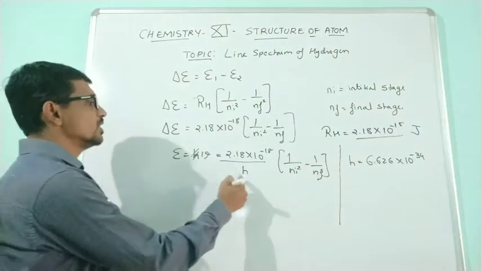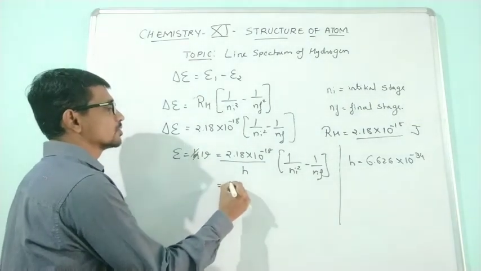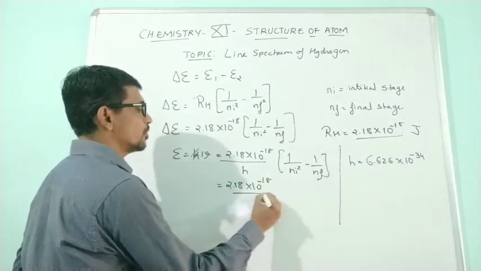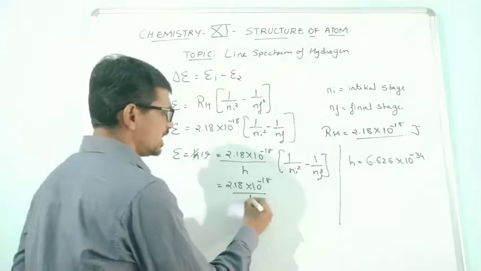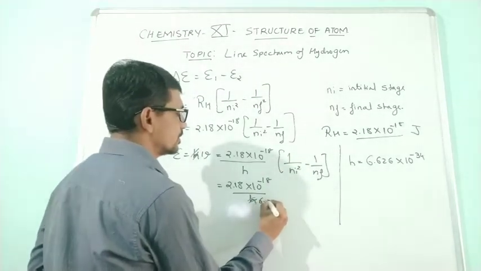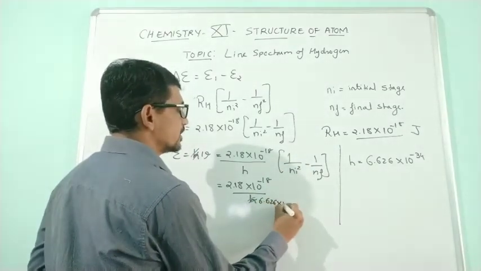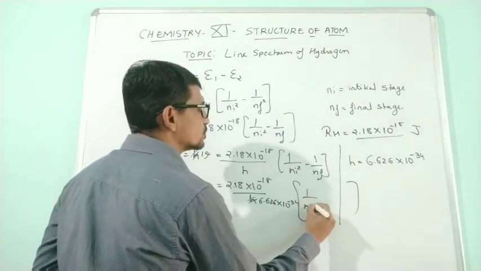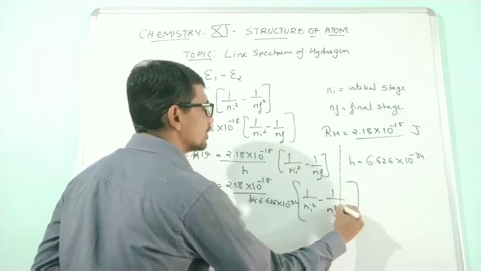So if you put this value, 2.18 into 10 raised to minus 18 upon h, that is 6.626 into 10 raised to minus 34, into the same 1 upon Ni square minus 1 upon Nf square.